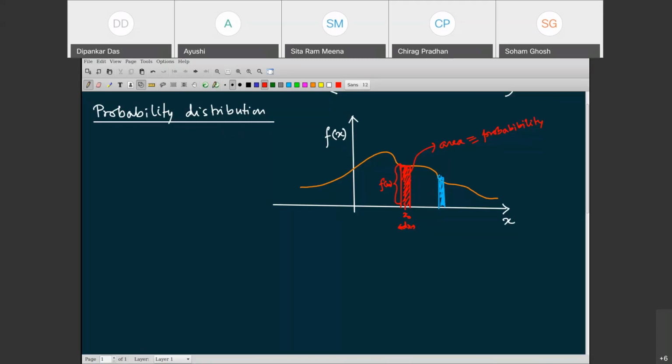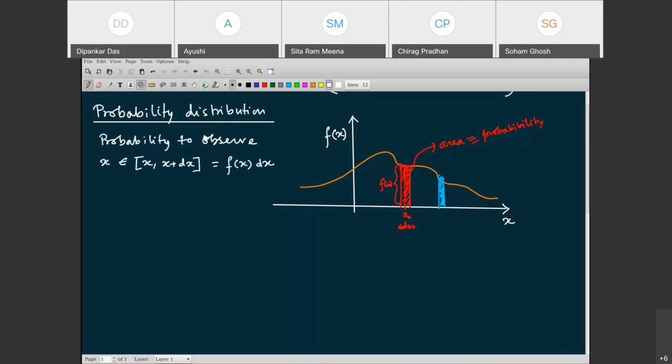So then, as I said, the definition for this probability is that the probability to observe x in the interval x to x plus dx should be given by f(x) times dx.